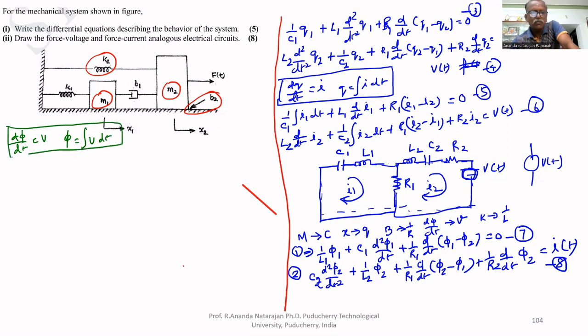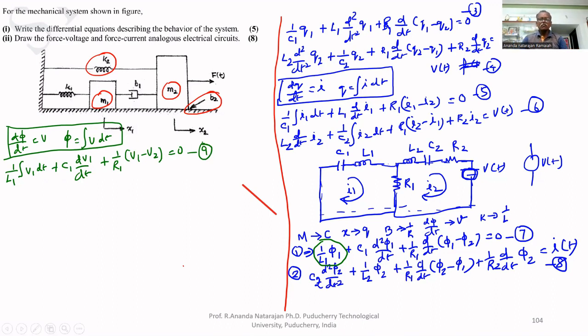Using these two relations, the seventh equation becomes 1 by L1 times the integral of V1 dt, plus C1 dV1 by dt, plus 1 by R1 times V1 minus V2 equals 0. This is the ninth equation.